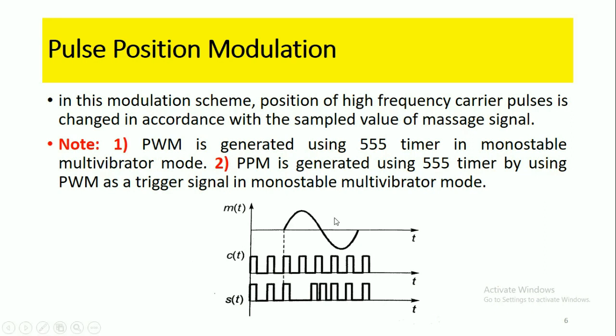This is about pulse position modulation. Generally, PWM is generated using a 555 timer in monostable multivibrator mode, and PPM is generated using a 555 timer by using PWM as a trigger signal in the monostable multivibrator mode.